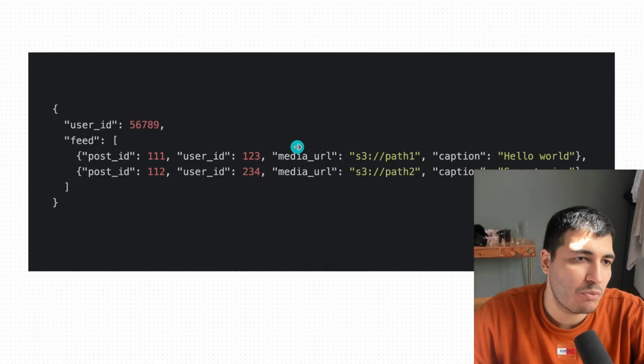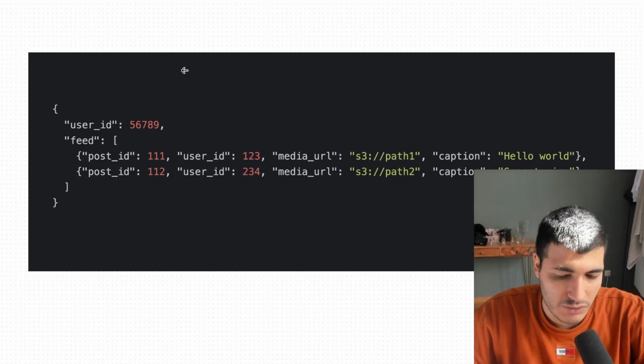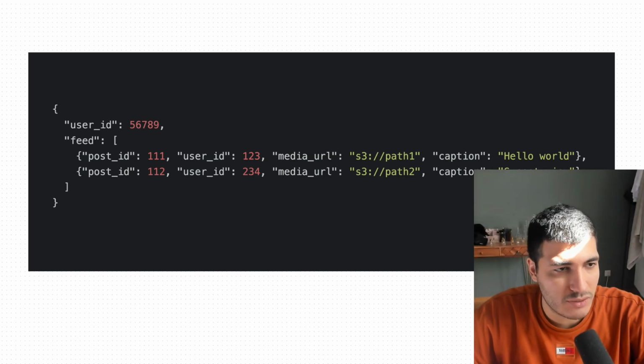And right now we will talk about the NoSQL graph database system design that we'll use for our newsfeed. And we will talk about some questions that you should expect to be asked and how to answer them.